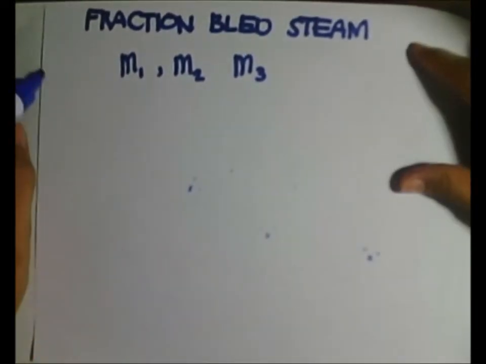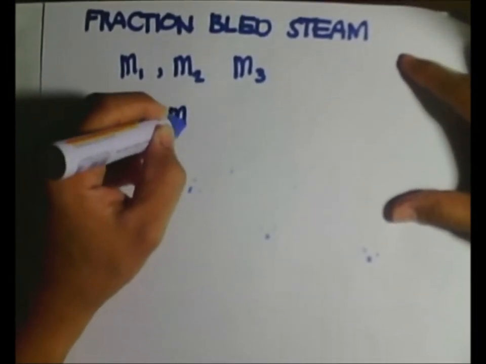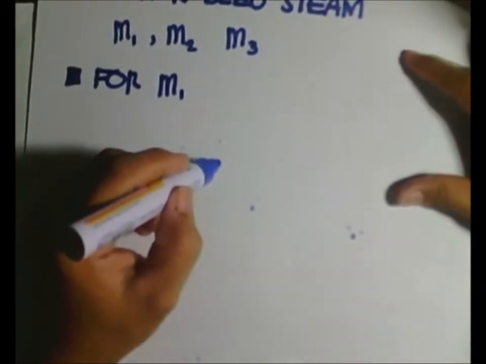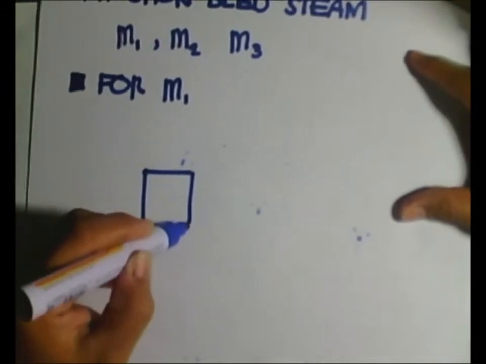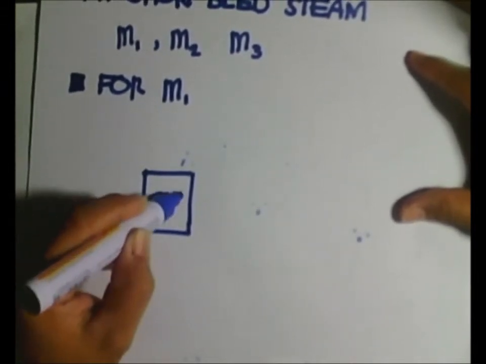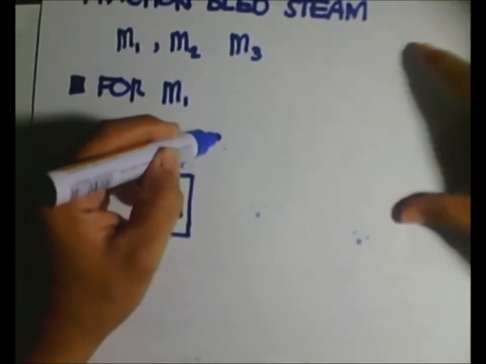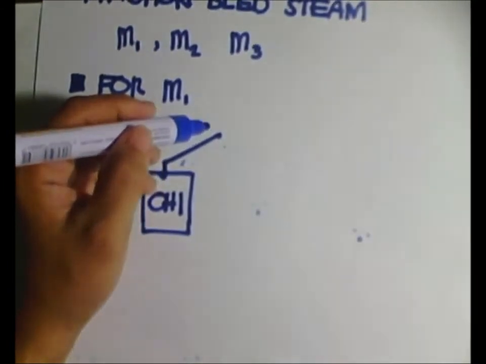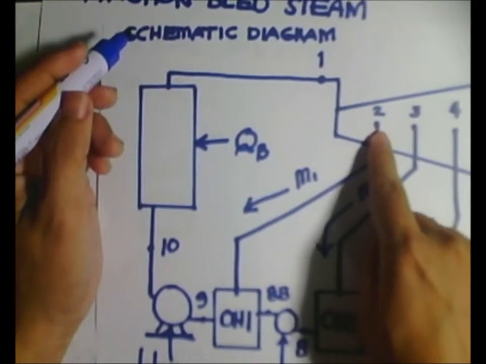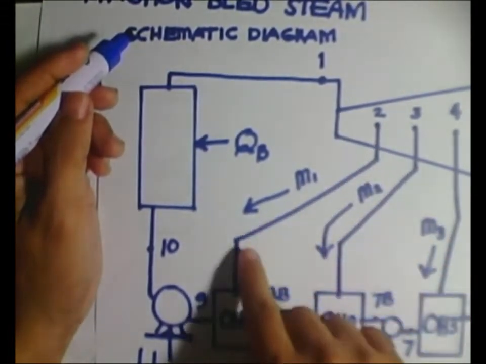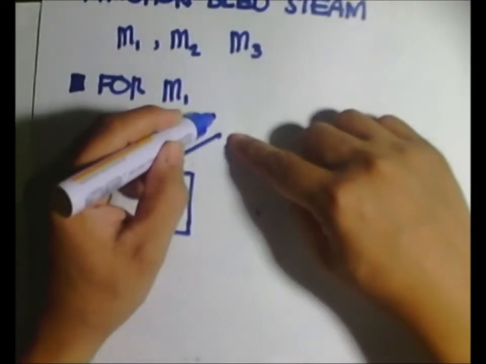Now, for M1 is that amount that enters open heater 1 here, and this one is connected to point 2. Now our steam turbine goes to open heater 1, so we can call it 2.